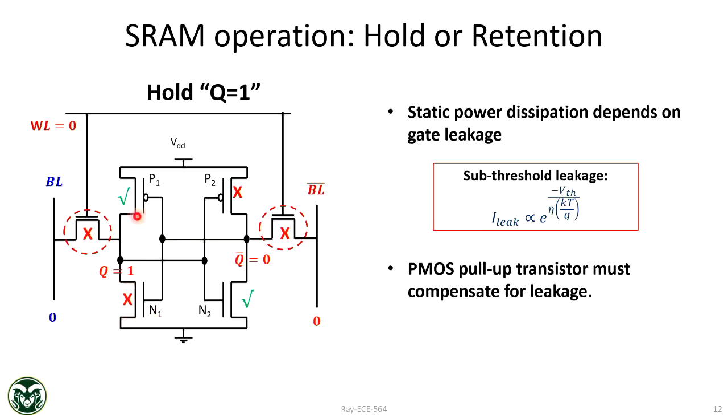But if your PMOS is turned on, normally leakage will not impact this cell state. But for optimizing the leakage or the power dissipation, you will not keep VDD at supply voltage when you're holding the state. You will lower it. I know this bank of SRAM I don't need right now, but I want to keep the data, so I'll just lower it to minimize the power dissipation.